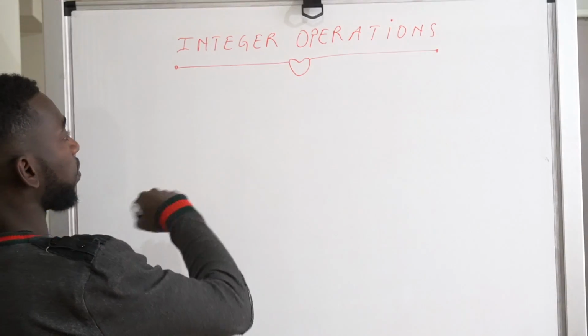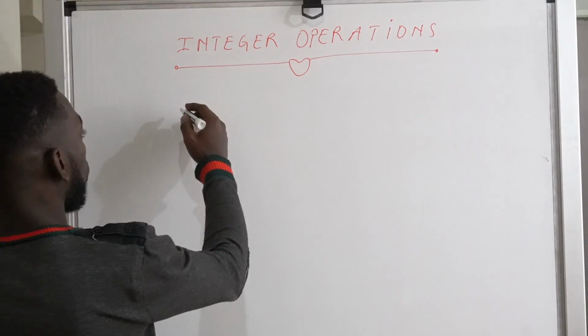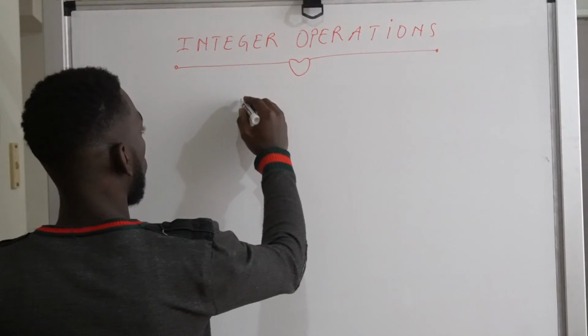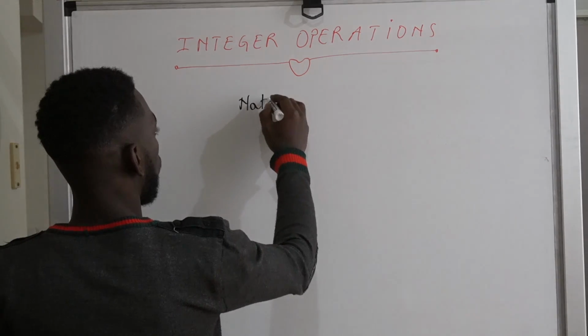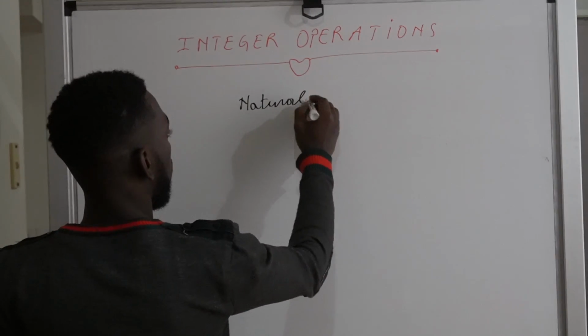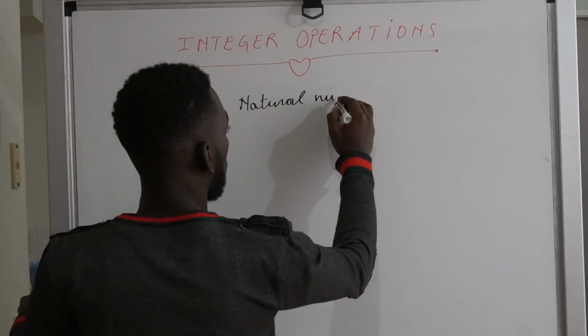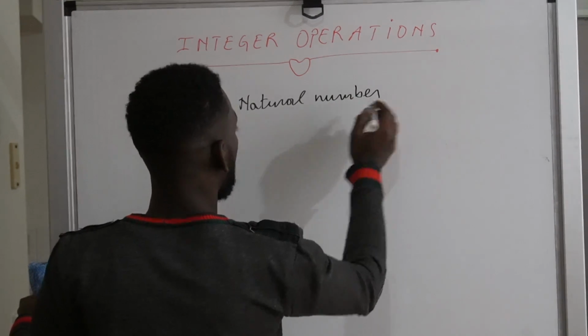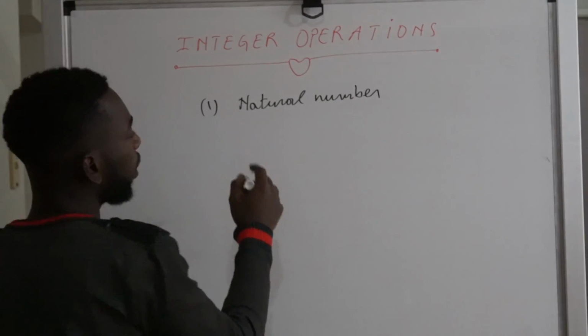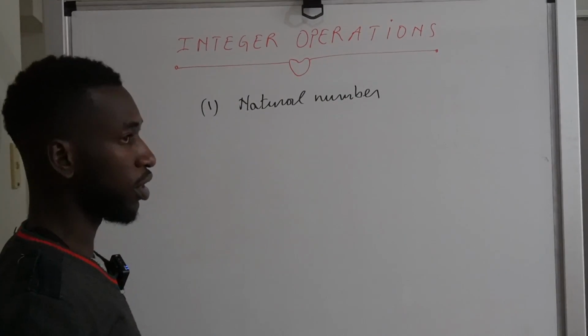What we're going to start with is the order of numbers. We have natural numbers. And what is the symbol to represent natural numbers?